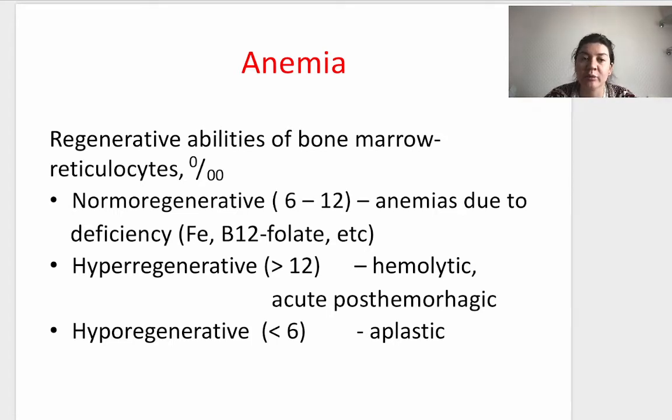And it can be with decreased ability for regeneration, or hyporegenerative, with level of reticulocytes less than 6. It's typical for aplastic anemia.